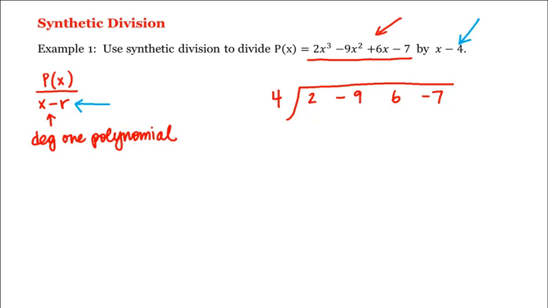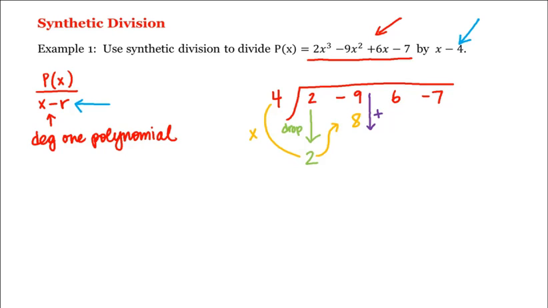Now that these numbers are set up, the first step in synthetic division is to drop the first coefficient of p, so we'll drop the 2. The next step is that we multiply the 4 and the 2 and put our result here, so 4 times 2 is 8. And then we add.